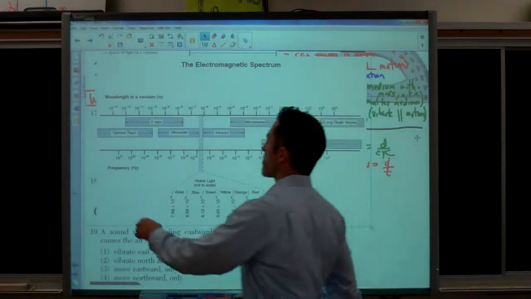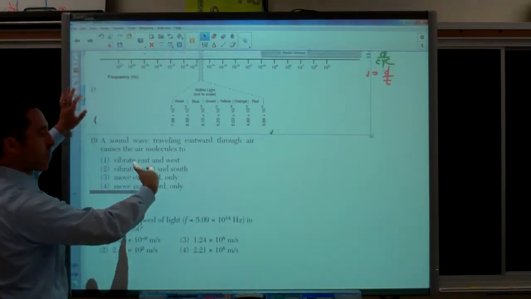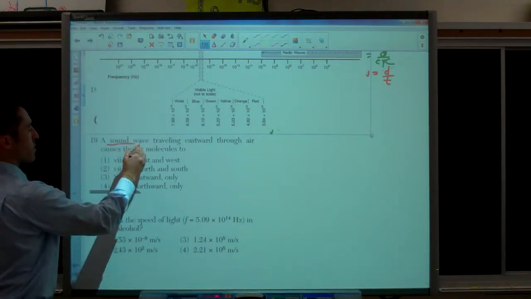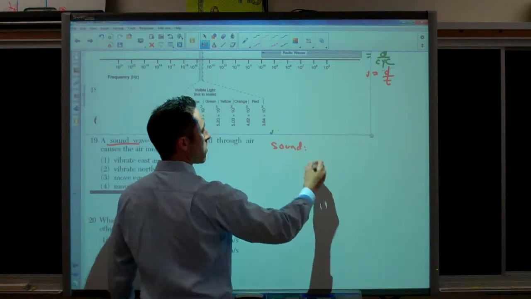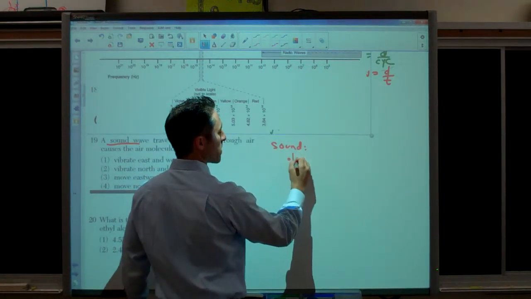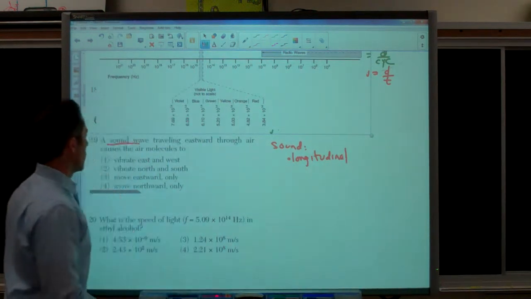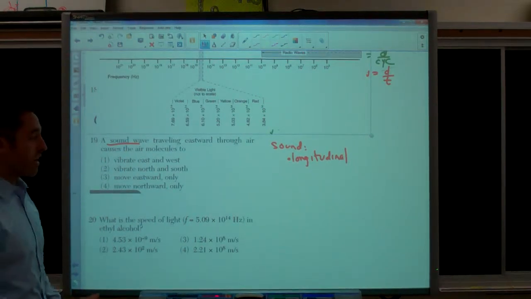A sound wave traveling eastward. And so some of the information we learned earlier is going to start to lay over and help us out. So a sound wave traveling eastward. We have sound. We know a number of things about sound. So sound, first off, we mentioned above, we know that it is longitudinal. And through air, often they'll say through air at STP.